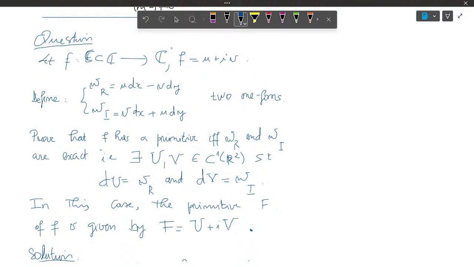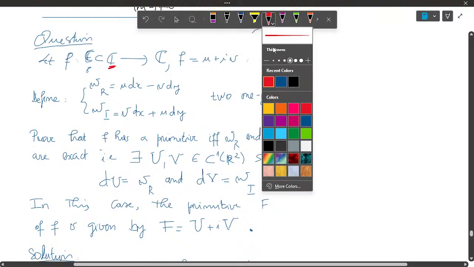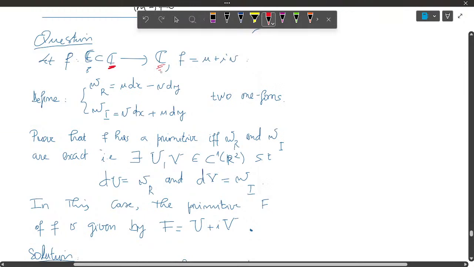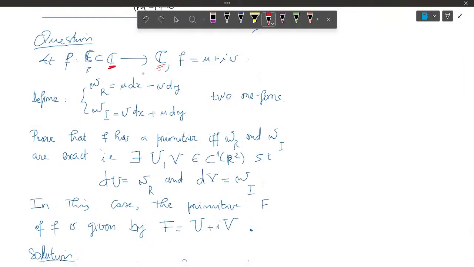The question is stated like this: we are given a function small f, whose domain is called here F, a part of the complex set C, and which also takes values in C. When we write f like this, it means that u is the real part of f and v is the imaginary part of f.